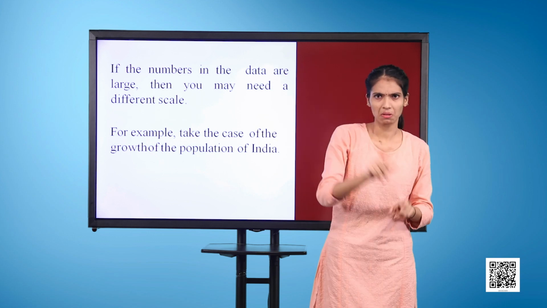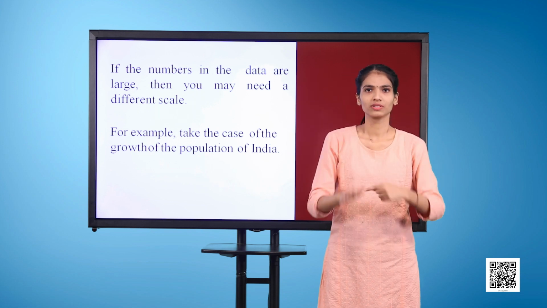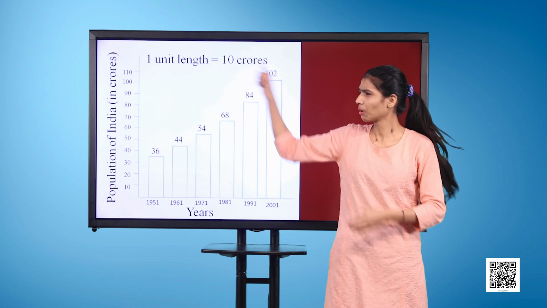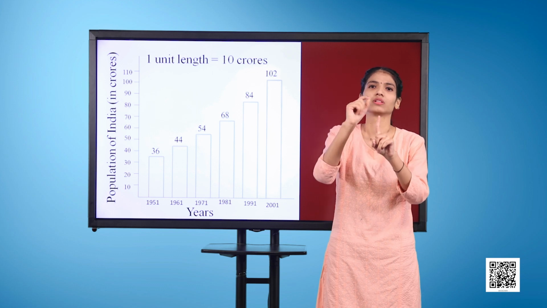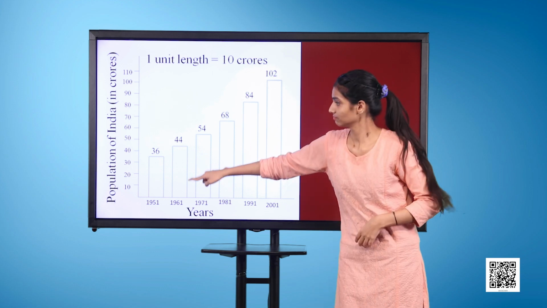For example, take the case of the growth of the population of India. We have a bar graph next to this, representing years and the population of India in crores. 1 unit length is equal to 10 crores.